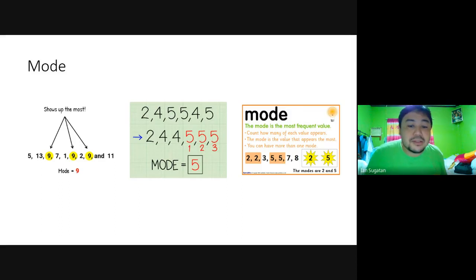When the probability density function of a continuous distribution has multiple local maxima, it is common to refer to all the local maxima as modes of the distribution, just like the first example, which has 2 repeating numbers. On the second example, however, since 5 has the most repeats, 3 times, the mode of the numbers will be 5.